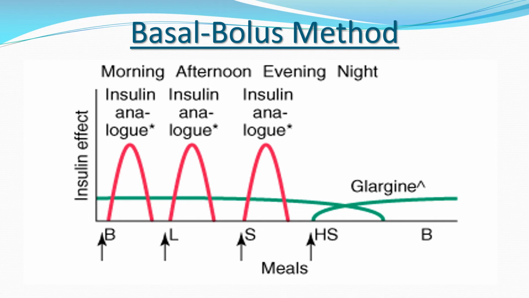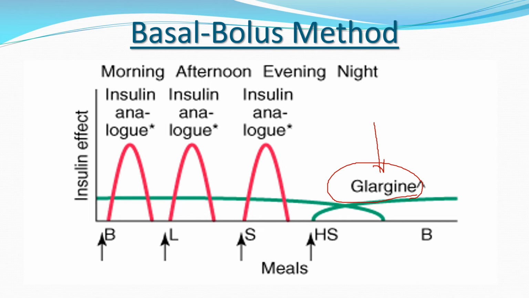The basal bolus method, you can see here, I will highlight it here for you. We administer a basal dose of insulin glargine here. The basal dose of insulin glargine is usually administered at night, and the aim of the basal dose of the long-acting insulin glargine is to maintain a steady state or constant blood glucose in between the meals.